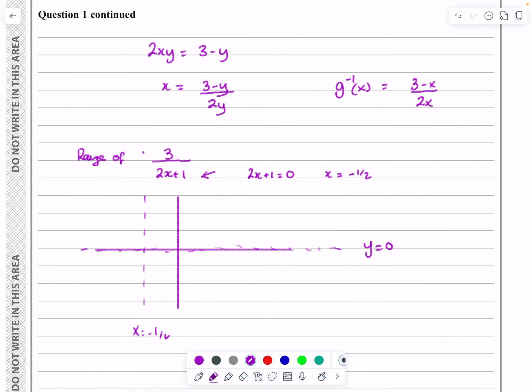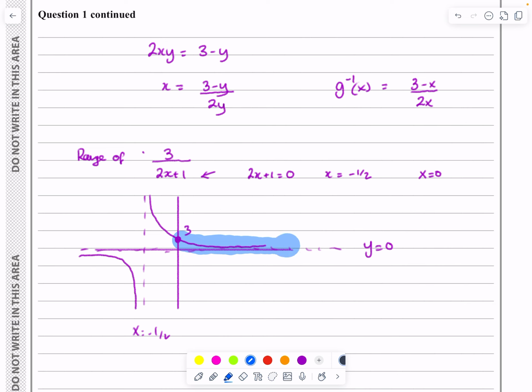So those are my two asymptotes. And if we put x equals 0 in, then we get 3 over 1. We get the value 3 there. So that means I know that this graph would do that and that. And what I'm interested in, say if that value there is 3, I'm interested in when x is greater than or equal to 0.